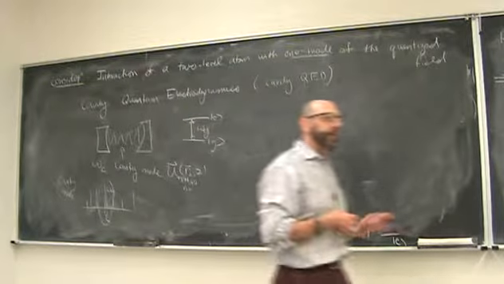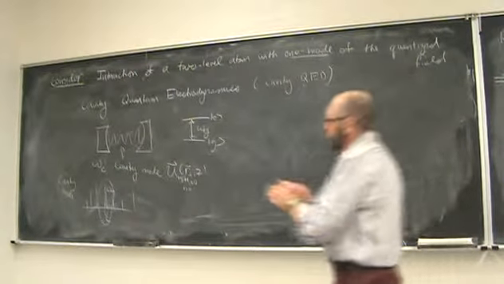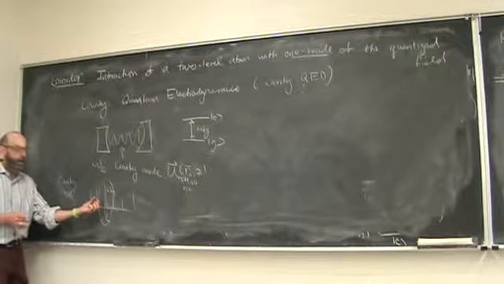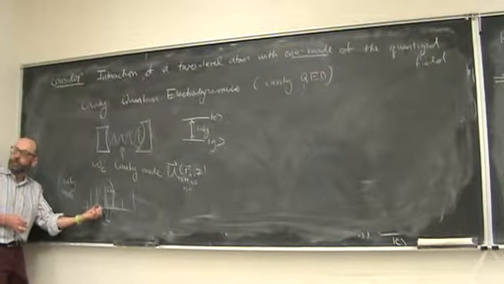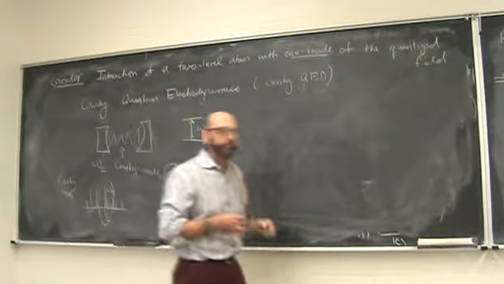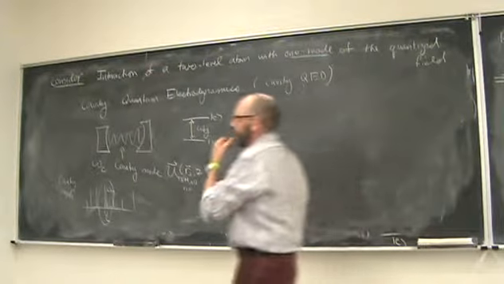So when that is the case, if I have very narrow cavity resonances such that they don't overlap very much, and one of the atomic resonances is very close to that, then I can do this. And that is the realm of what's known as cavity quantum electrodynamics, cavity QED, changing the quantum electrodynamics through the boundary conditions.